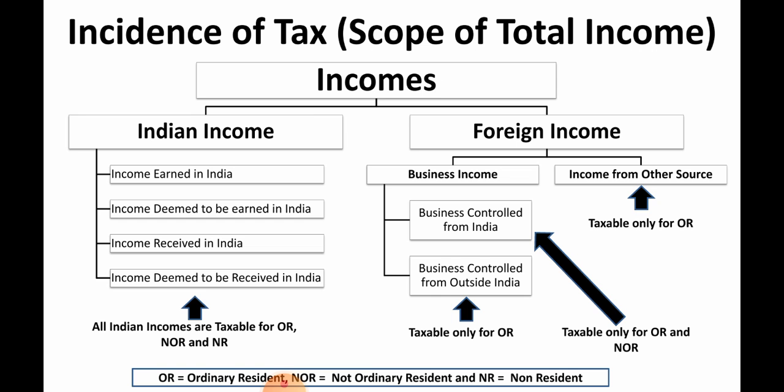It will be known as income earned in India. Earned simply means the income where it is being generated. What is the source of income or the source of income where it is located? If it is located within India, it will be simply taken as income earned in India.